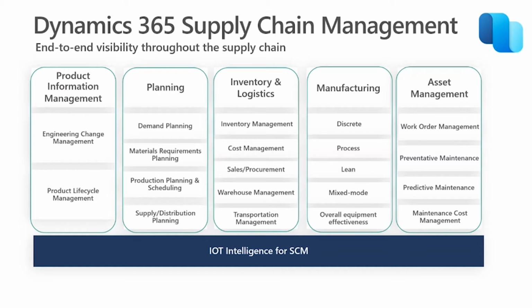And with all of the work orders that you need to manage and track, there's a level of automation that we provide as well, and there are continued investments in this space. So this is, in a way, what we do today from a supply chain management standpoint as capabilities.